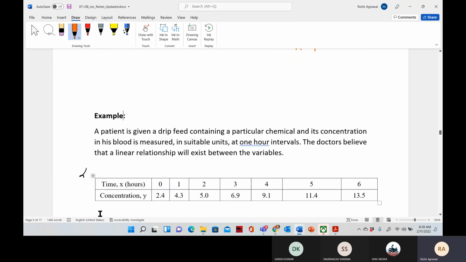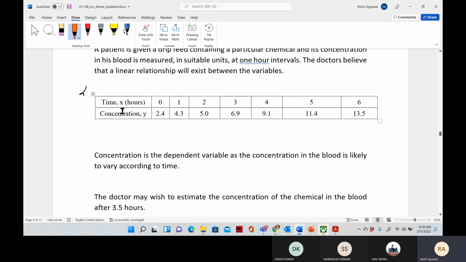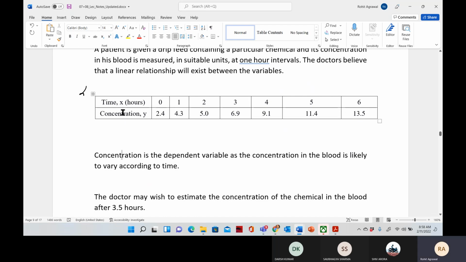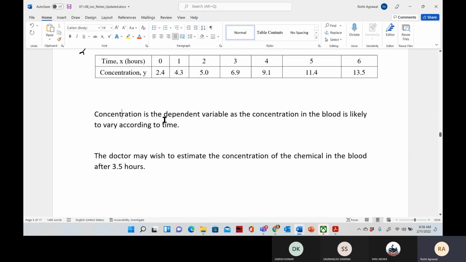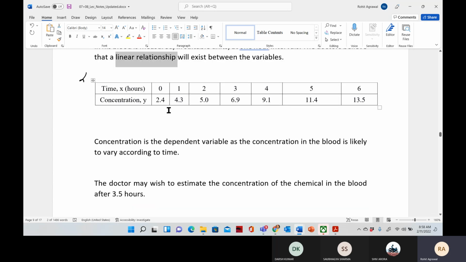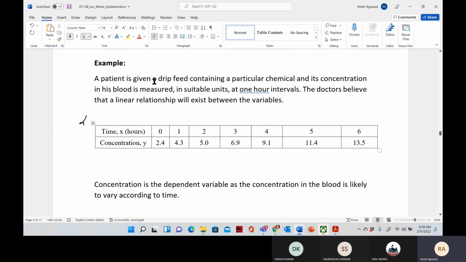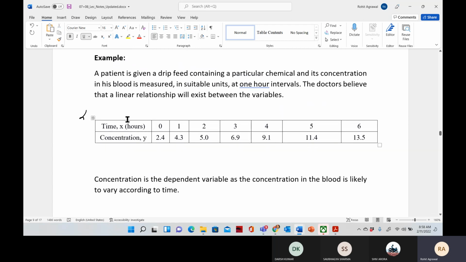Can you please solve this example? Try to solve it. X is given, y is given. It is given that a linear relationship is there. So try to solve this. Okay. A patient is given a dried feed containing a particular chemical, its concentration. So don't confuse the language.